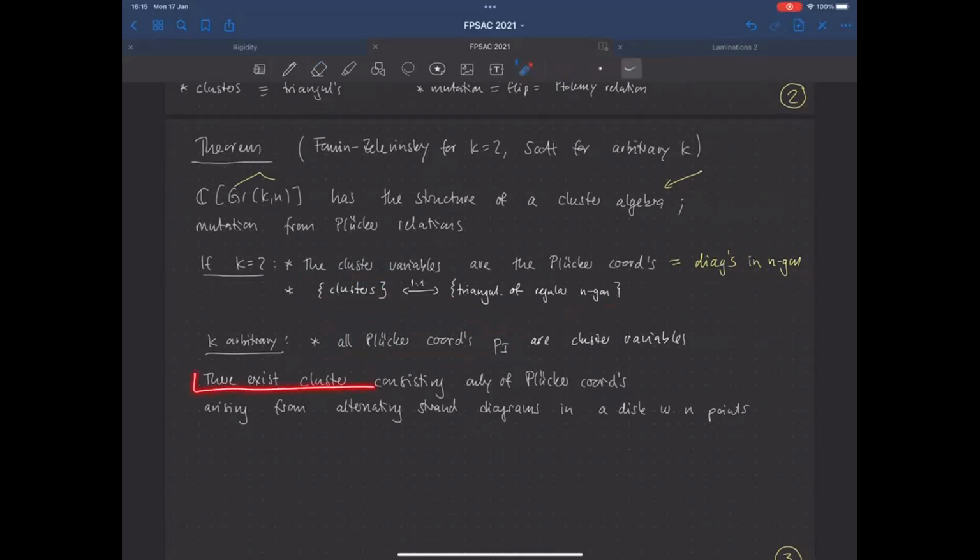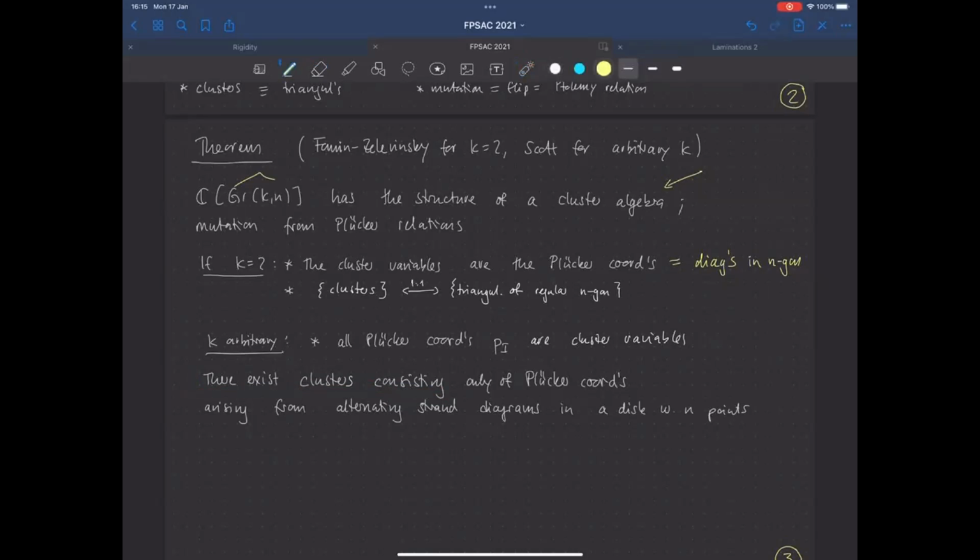So there exist clusters which consist only of Plücker coordinates, and they arise from certain diagrams, which are called alternating strand diagrams in a disk with endpoints. So it's like this polygon we had earlier, but now we don't take triangulations, we take something called an alternating strand diagram, and I'll explain that on the next slide.